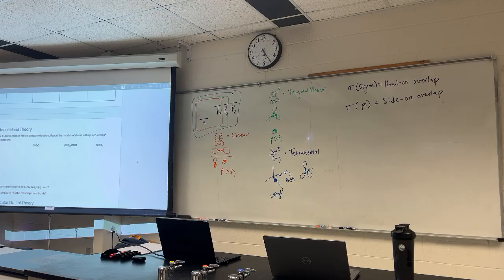Now everything would still have an octet. No octets would be broken. Oxygen would be -1. Sulfur would be +1. If you keep the double bond and the lone pair on the sulfur, everything is neutral. No formal charge. And that's actually something we'll talk about next week, minimizing formal charge. That's what I thought. Yep. That's one of our rules for resonance.